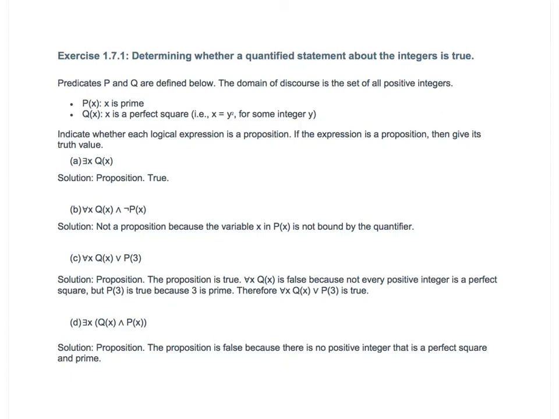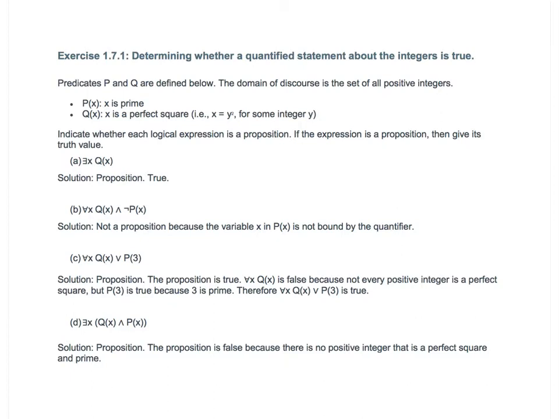So it is there exists an x, in parentheses, a conjunction of Q(x) and P(x). Therefore, both x's in Q and P are bound to the existential quantifier. Therefore, there is no free variable, which means that we have a proposition. And if you think about the truth value of the proposition, it is false.